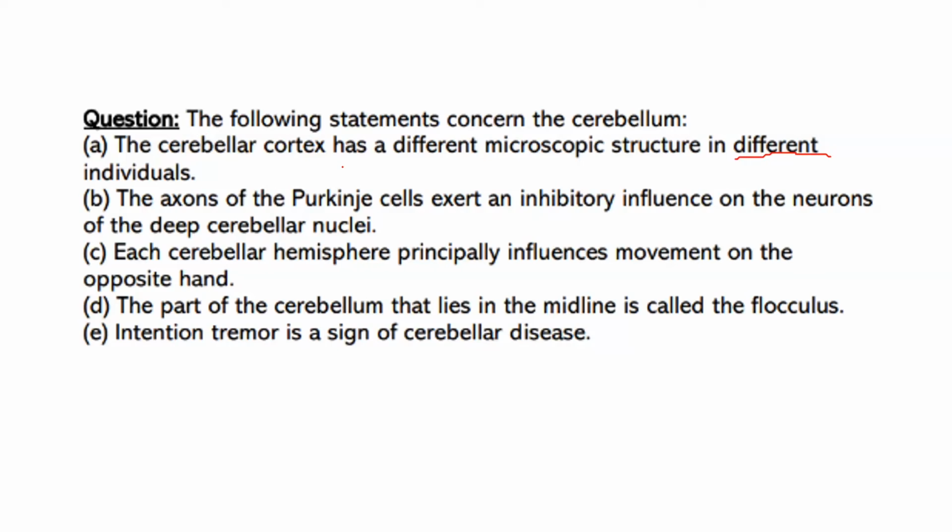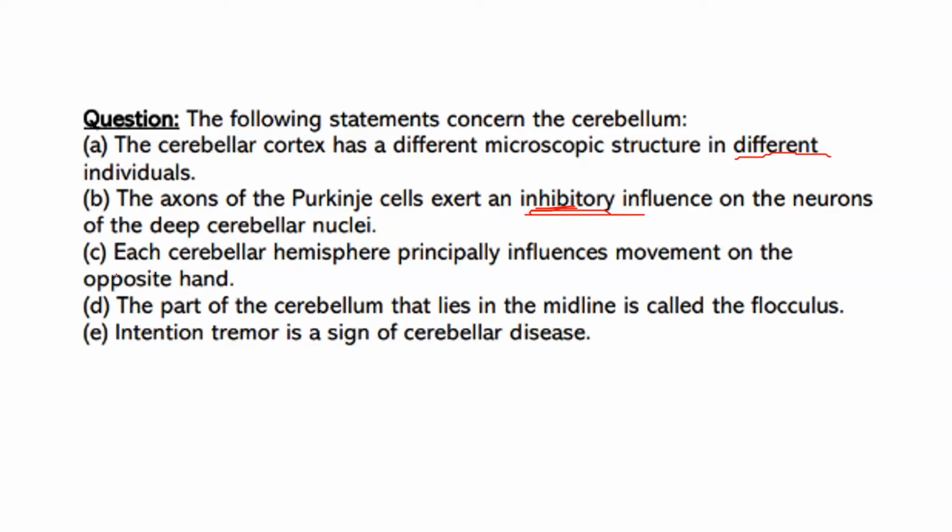B, the axons of the Purkinje cells exert an inhibitory influence on neurons of the deep cerebellar nuclei. This is actually true, but I'm not sure why for this particular question in the book they were saying that the Purkinje cells exert a stimulatory influence, which is very weird, but anyhow.